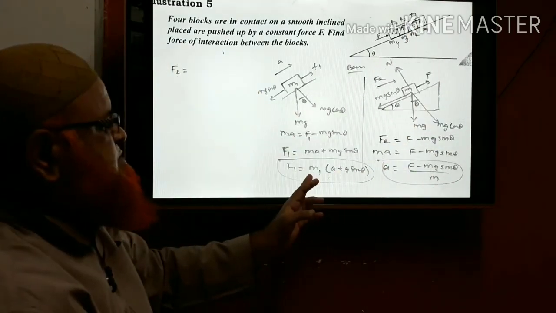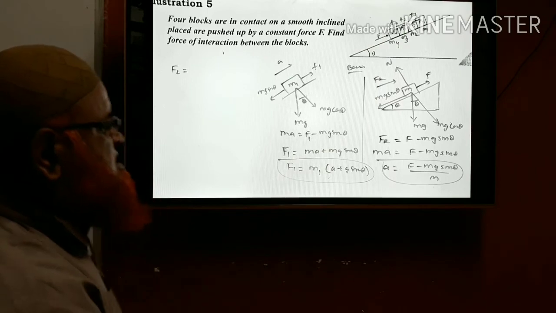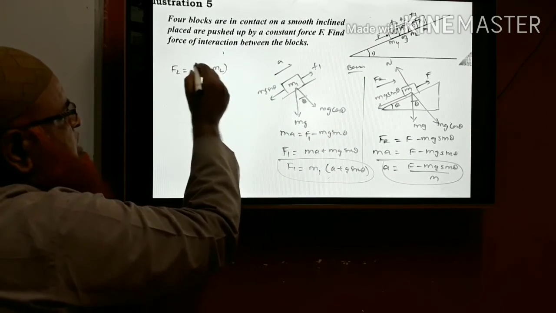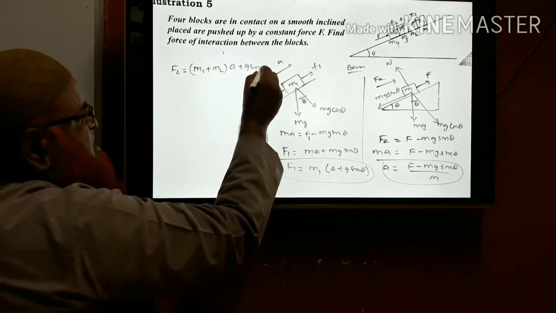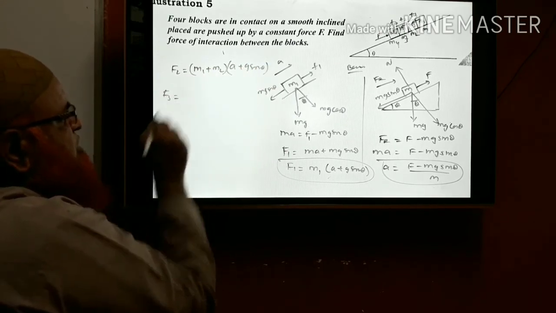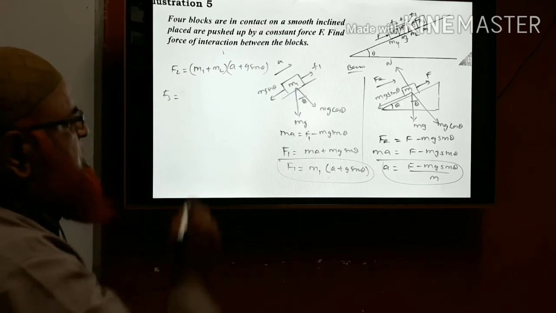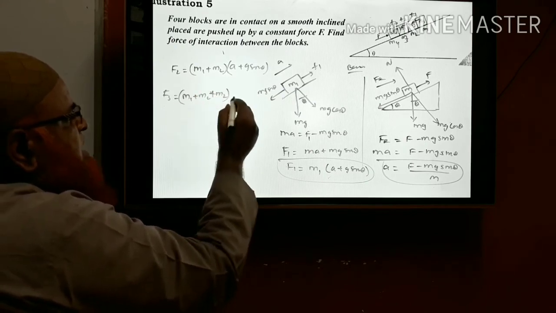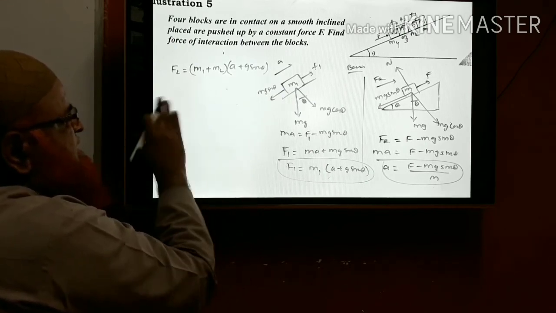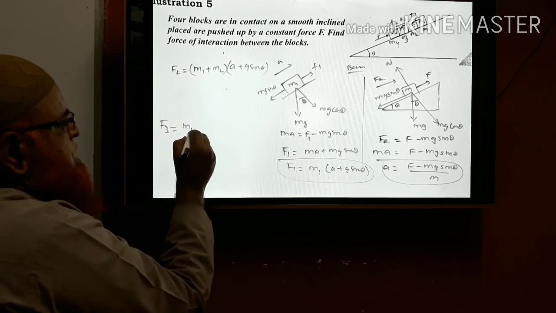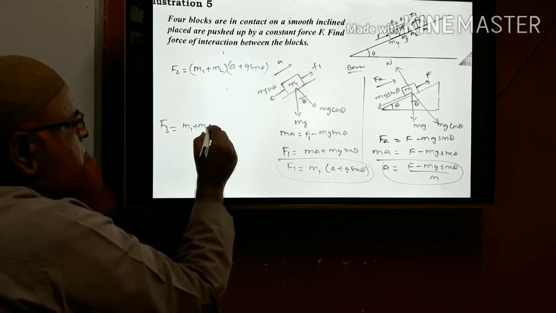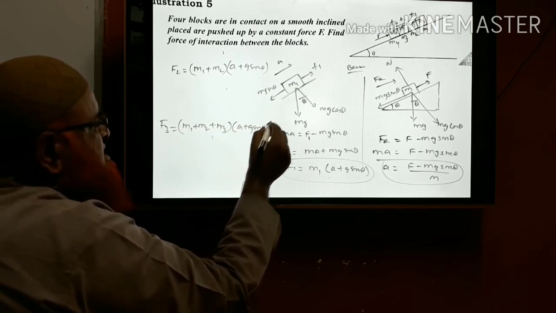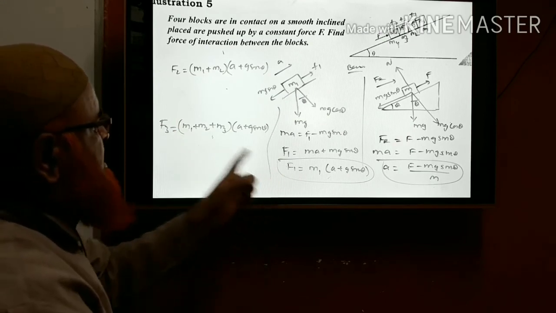So F2 is nothing but m1 plus m2 into a plus g sin theta, and similarly you can find F3 based on this concept, which is m1 plus m2 plus m3 into a plus g sin theta. So these are the forces F1, F2, F3.